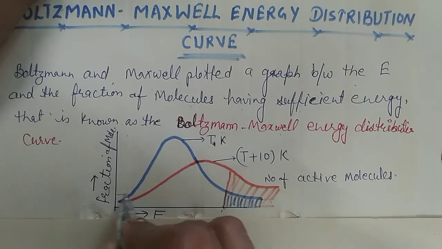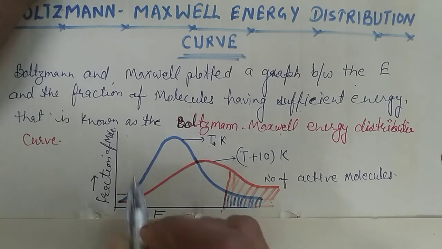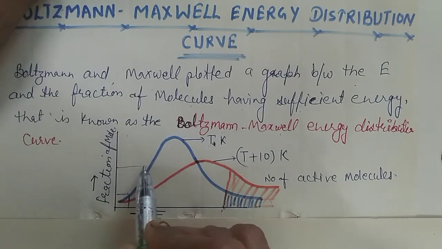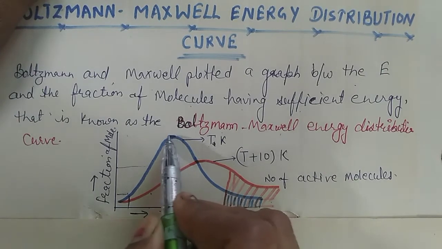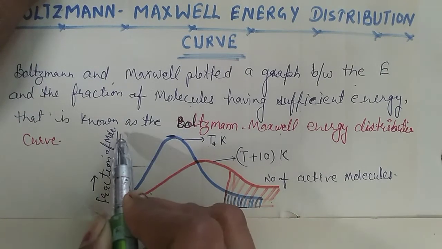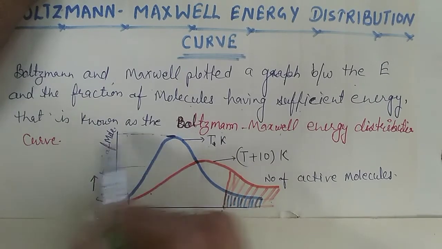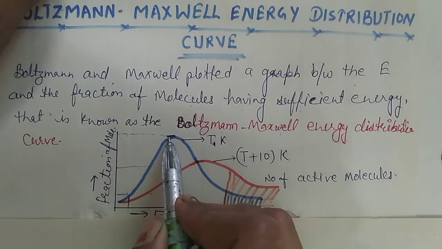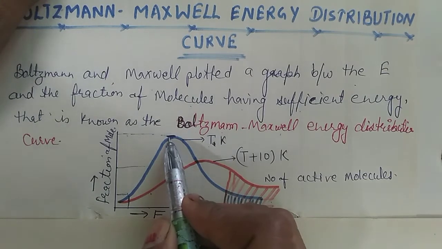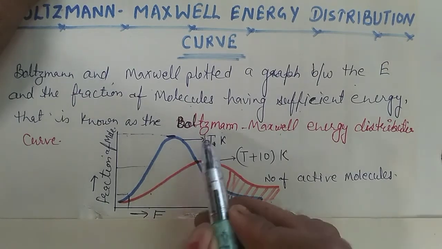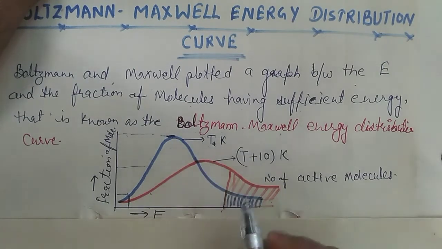These molecules show very low energy. These molecules show the maximum, and this is the energy of the maximum number of molecules. It is also known as the most probable kinetic energy of the molecules, at temperature T1. This is the ETH, the threshold energy.